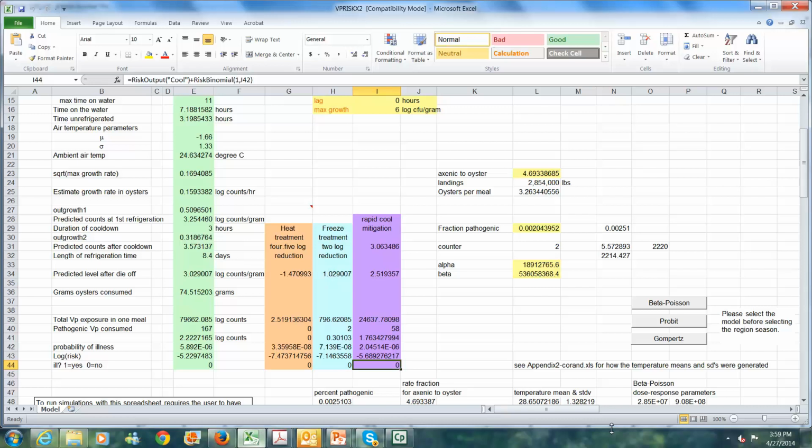So that was a lot of detail, but here's the bottom line. The risk manager needs to know that they have a risk management model that can estimate the number of illnesses under existing conditions, that's the green column, but this model also shows them the effectiveness of heat treatment, which is the beige column, freeze treatment, which is the light blue, and rapid cool, which is the purple.